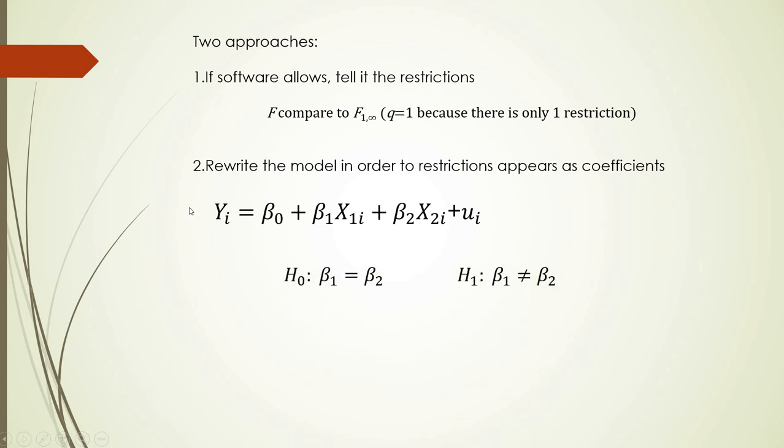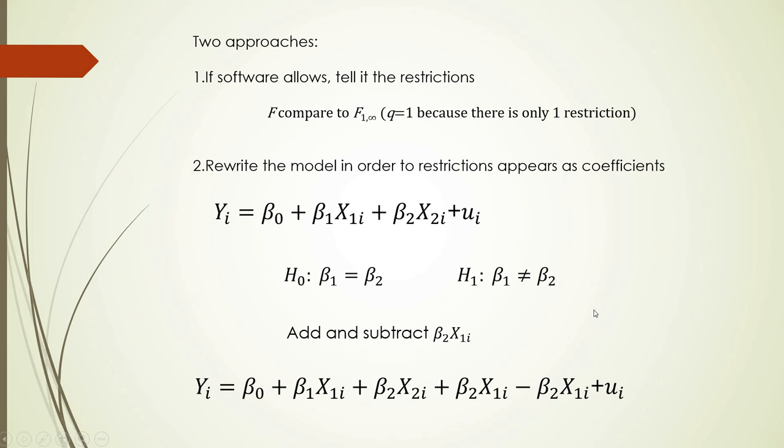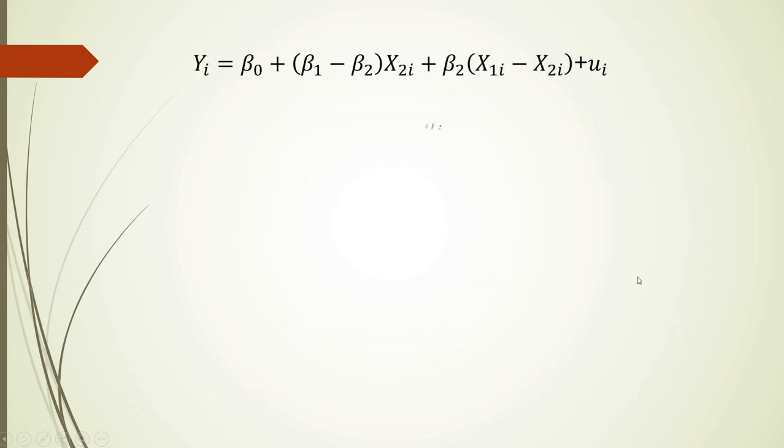For example, if we have this model, and this is our hypothesis that we want to test, we need to add and subtract beta 2 x1 in our equation, and then when we transform it, I'll do this quickly, we will actually get the new model.